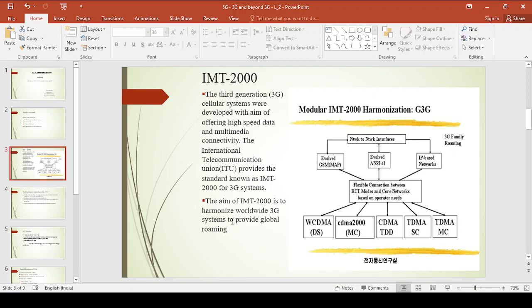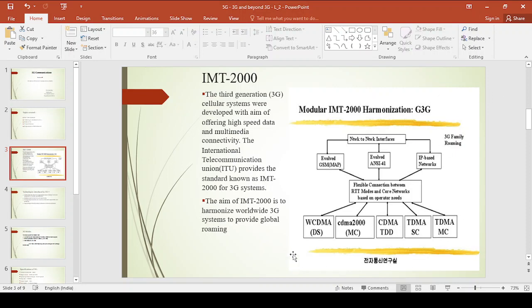Now the ITU will receive different proposals from different countries. Now the ITU has given IMT 2000 as a standard to the third generation system. Now the aim of this IMT 2000 is to harmonize, nothing but to coordinate, the worldwide 3G system in order to provide global roaming. If you see this figure, you will get a clear idea.